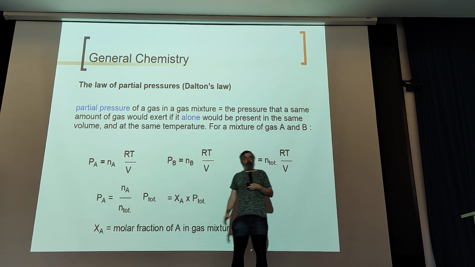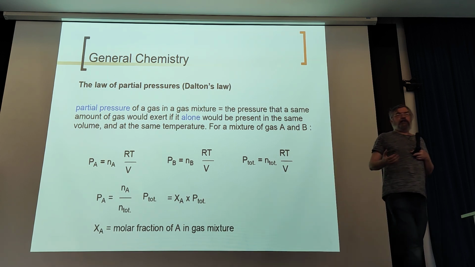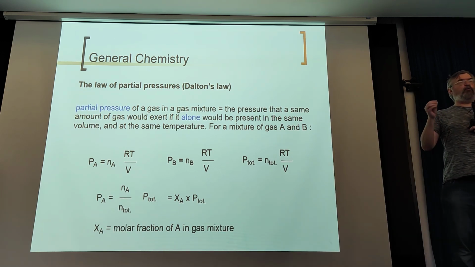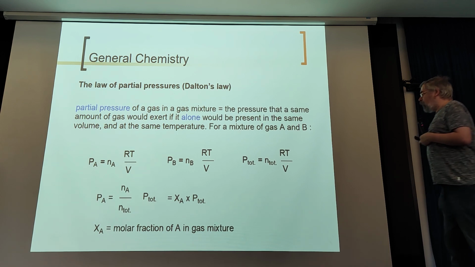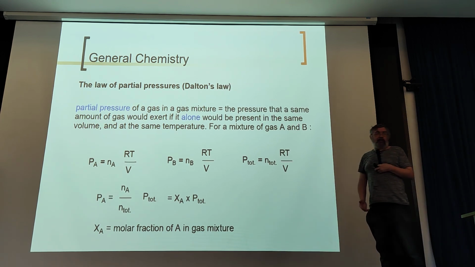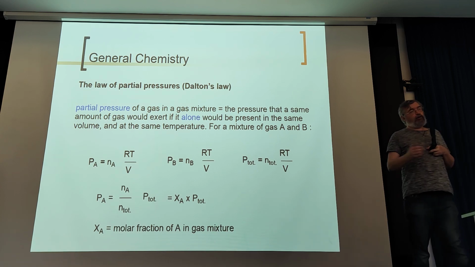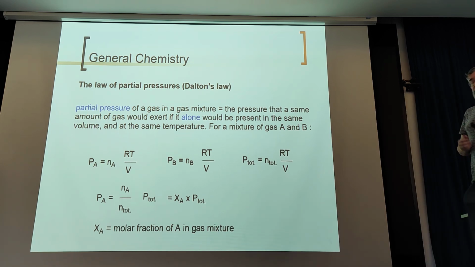I will tell you in a moment what we understand by molar fraction, but it's in fact the amount of moles of one compound divided by the total amount of moles of all of the particles. And you could write the same for P_B: it is the molar fraction of B times the total pressure.